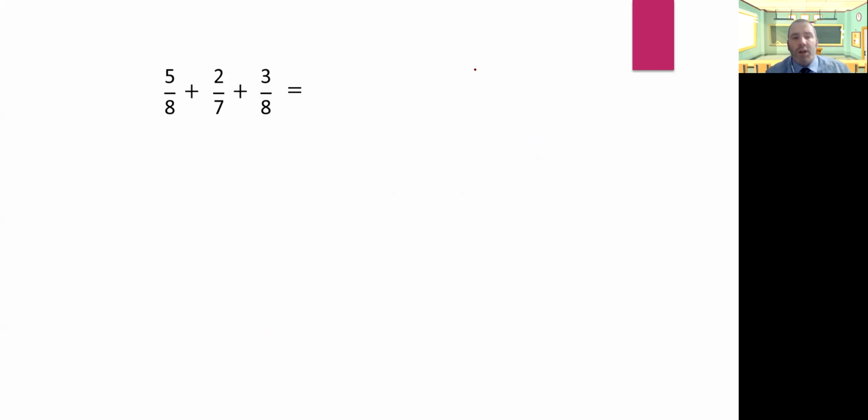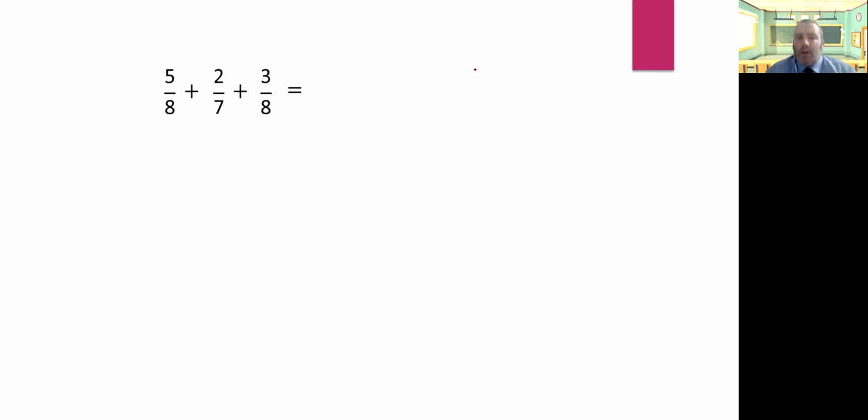So I said there were some tricks to look out for. So when you're adding fractions together, now we've got 2 lots of 8s here and 1 lot of 7s. We've got 5 8s plus 2 7s plus 3 8s equals.